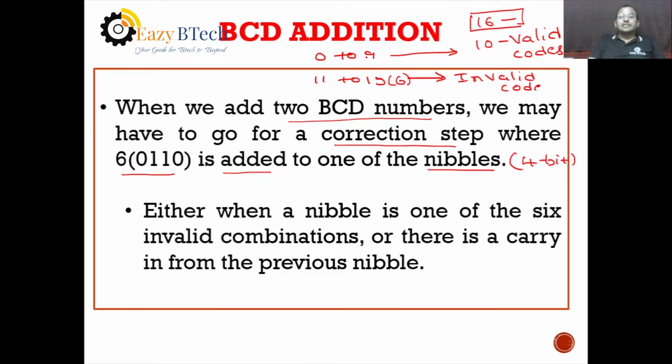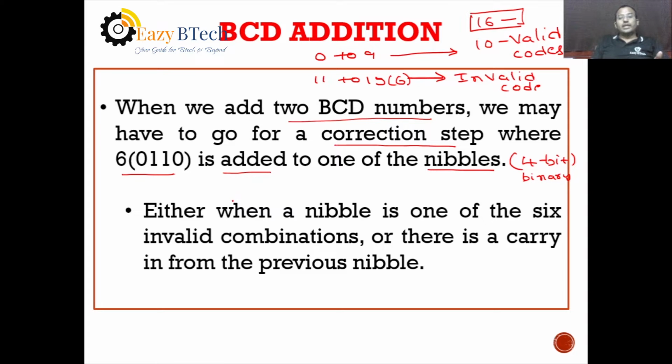Each decimal digit we are representing with a 4-bit binary equivalent. So whenever we are adding two BCD numbers, we may have to go for a correction step where 6 is added.